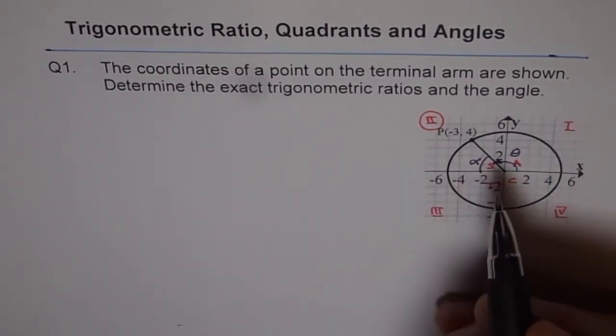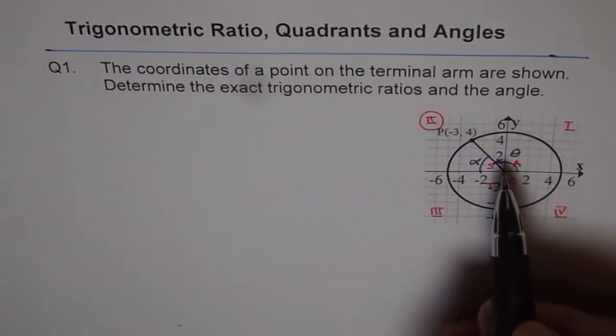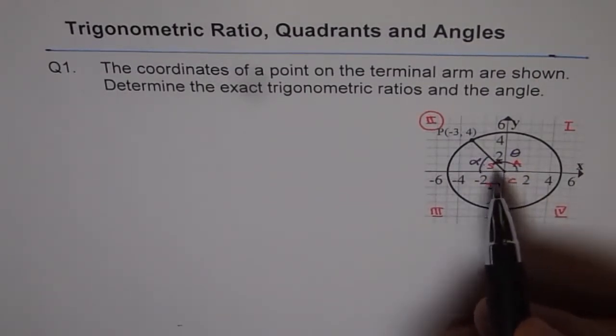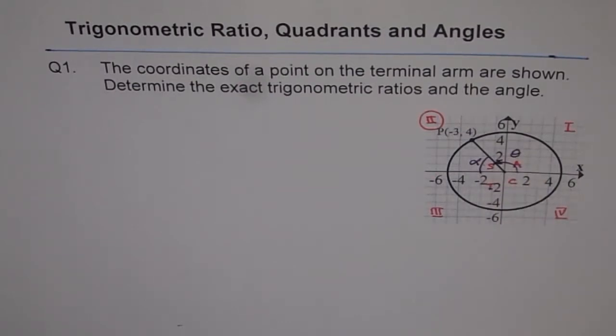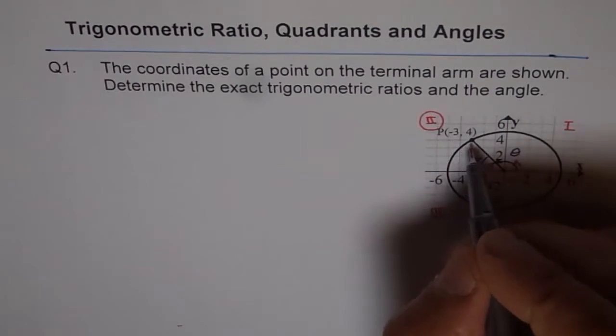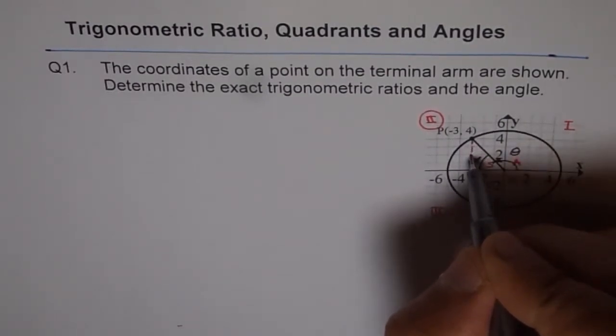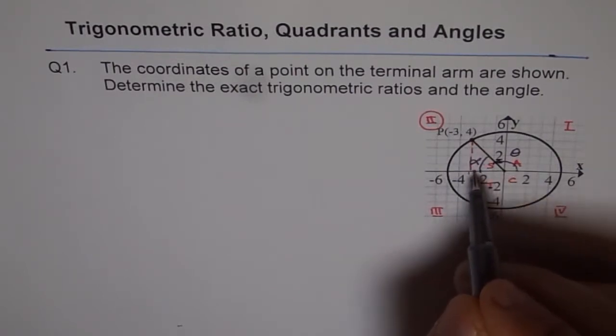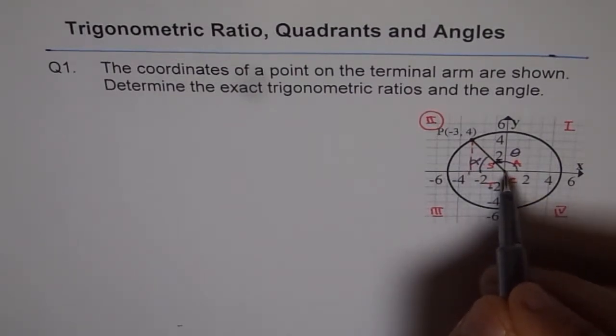First step, let's find the length of the terminal arm, which happens to be the hypotenuse of a triangle. Whenever you make a triangle, drop a perpendicular on the horizontal x-axis. That triangle will help you find all the trigonometric ratios.